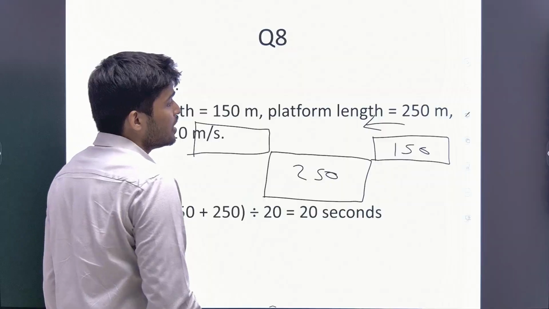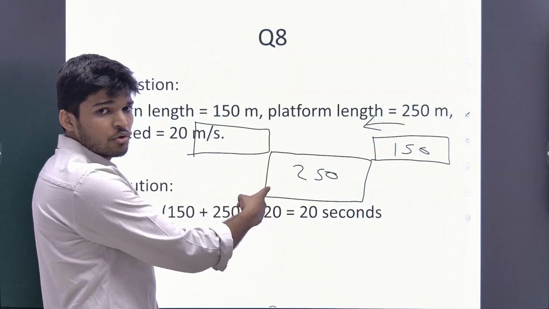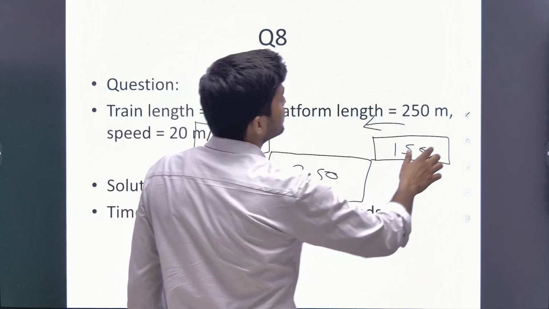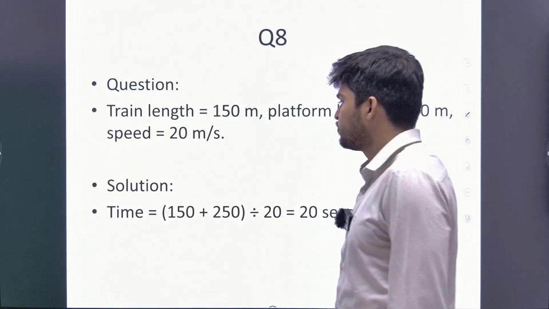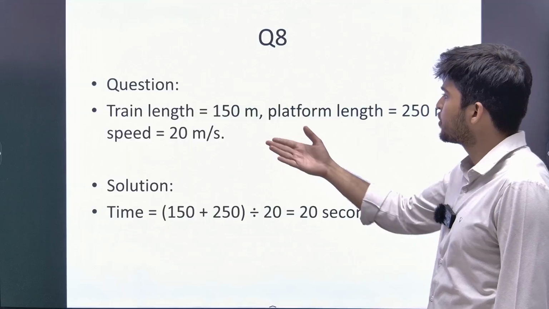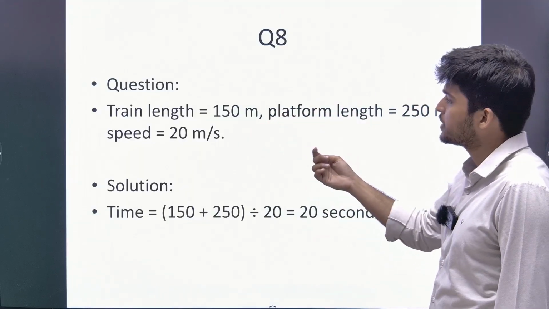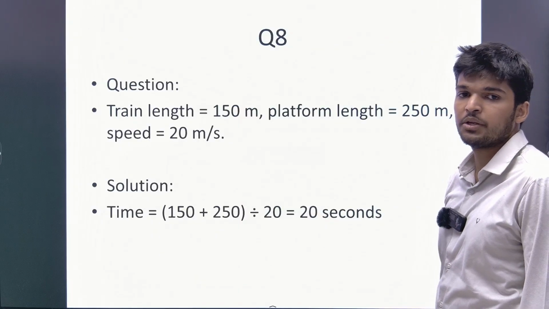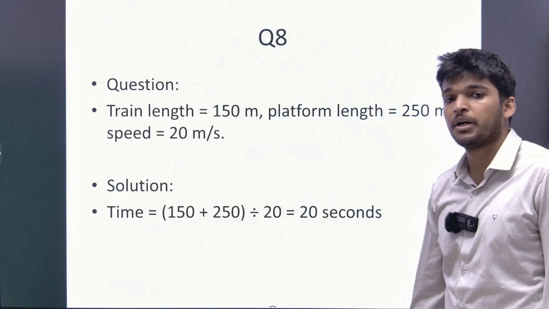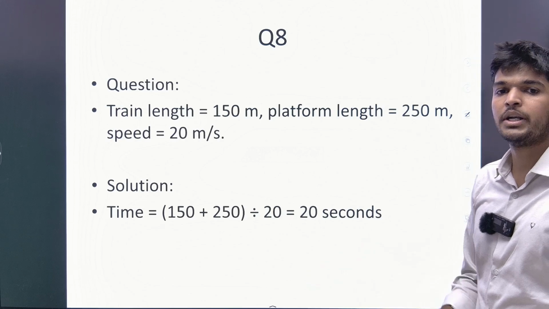By this time, the train has traveled this distance, which is equal to 250 plus 150. So the total distance would be 400 meters, and the speed is 20 meters per second. To calculate the time, we'll use the formula distance divided by speed, that is 400 divided by 20, which is equal to 20 seconds.